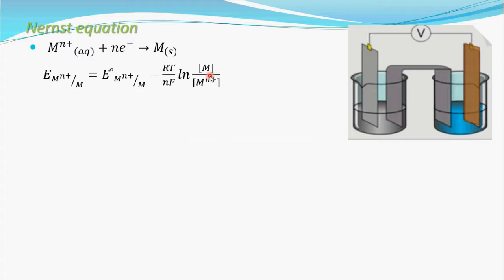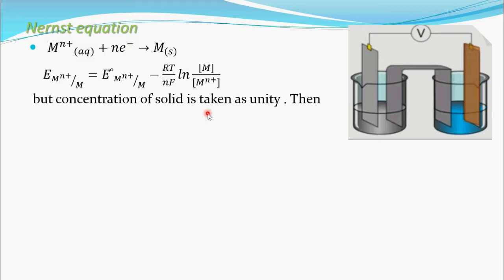See, in this equation, this M is solid. Its concentration we take as unity. This M n plus will be in the electrolytic solution. This is the cation. But since the concentration of a solid is taken as unity, this equation will become like this.